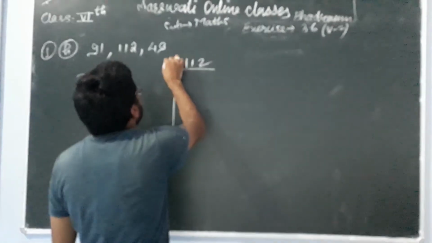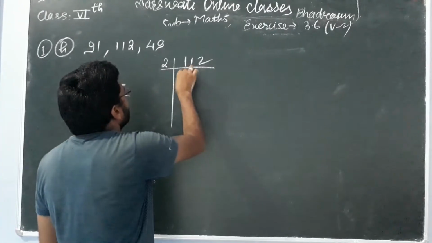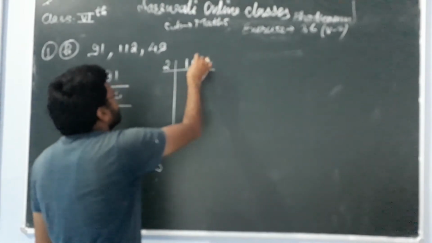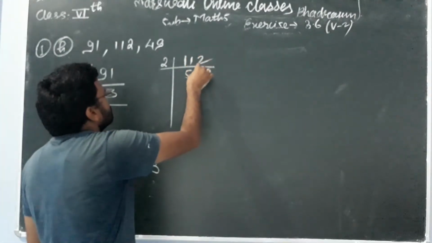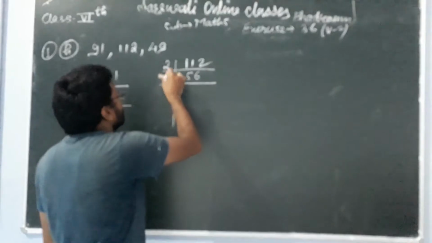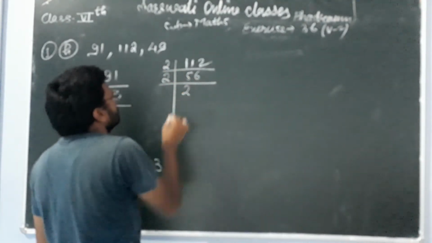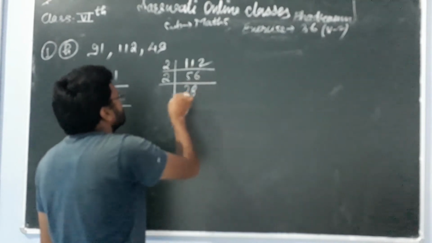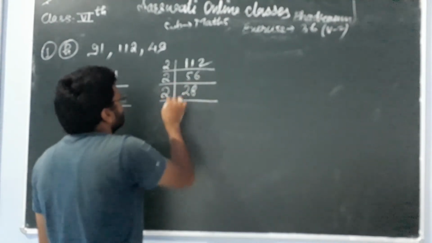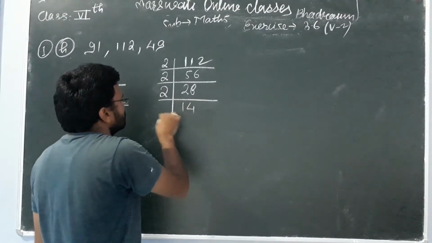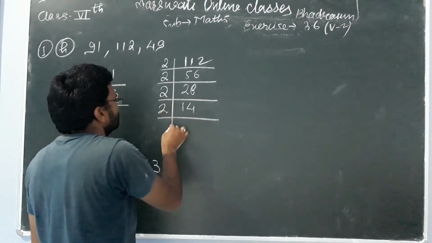Okay, now we will go for 112. We will divide this number by 2. So 2 5s are 10. After that, this is 12. 2 6s are 12. Now we will again divide it by 2. 2 2s are 4, and 2 8s are 16. Now again we will divide by 2. 2 1s are 2. 2 4s are 8. Okay, again by 2.